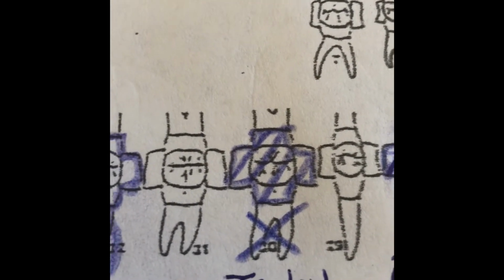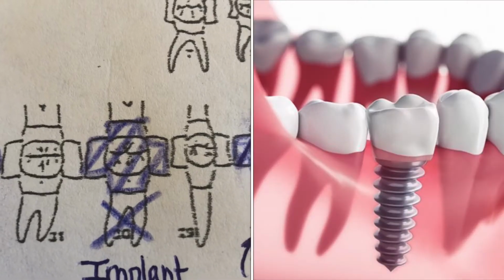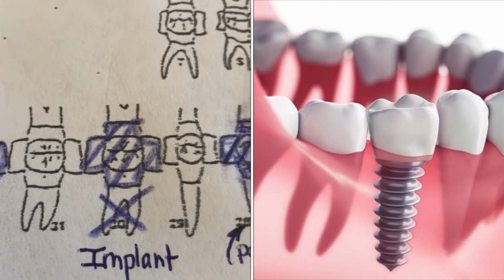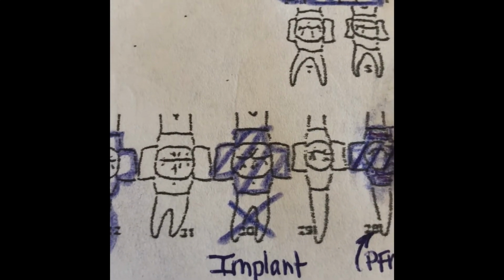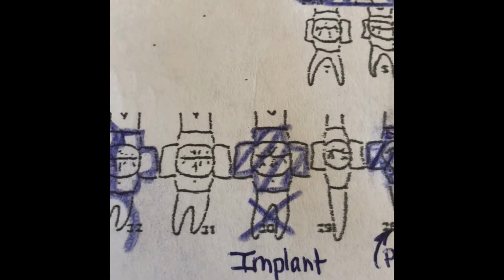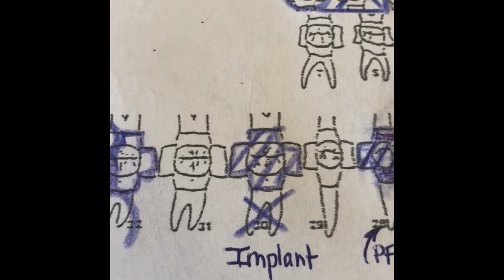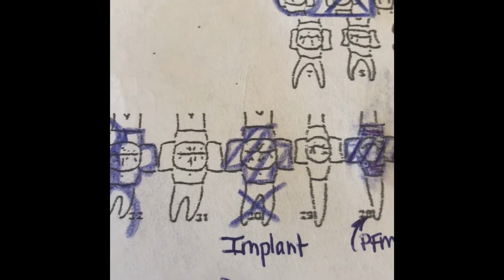Okay, so here is charting for an implant. Remember, an implant is a tooth that is gone and it has been replaced with a man-made body post of the implant, an abutment, and a new crown, okay? So we're going to put an X through that root to show that tooth is gone. You're going to see that there's a crown there, and so we're going to mark what kind of crown it is.